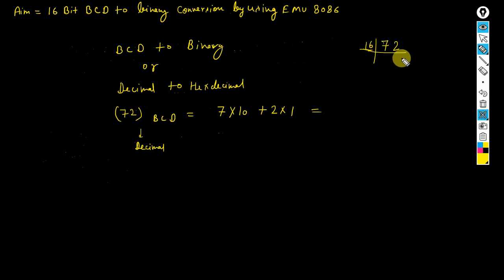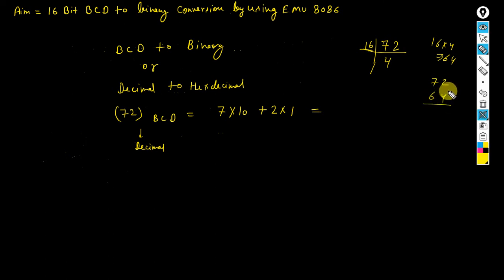It is divided by 4 times, so 16 multiplied by 4 is 64, and the remainder is 72 minus 64.